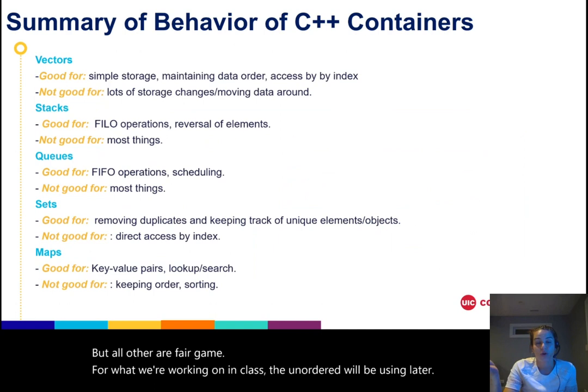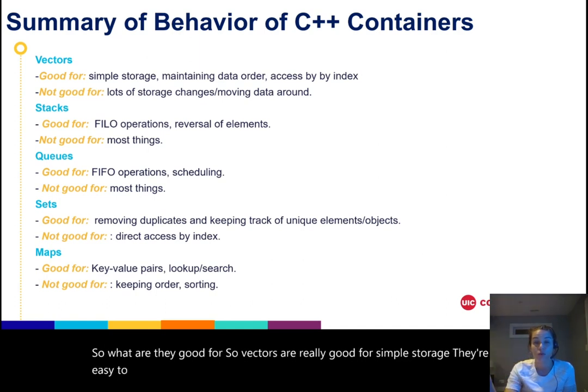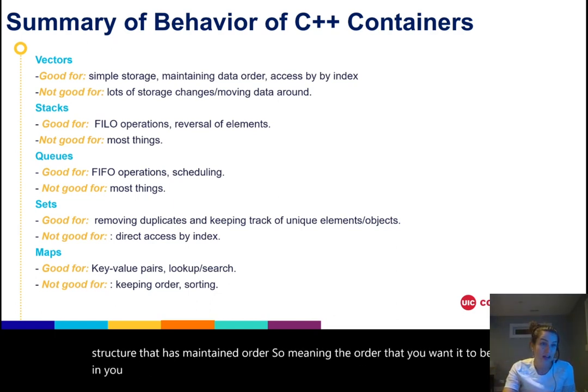So what are they good for? Vectors are really good for simple storage. They're easy to use. They also maintain the order if you need to place data into a structure that has maintained order, meaning the order that you want it to be in. You also can have direct access to a vector.